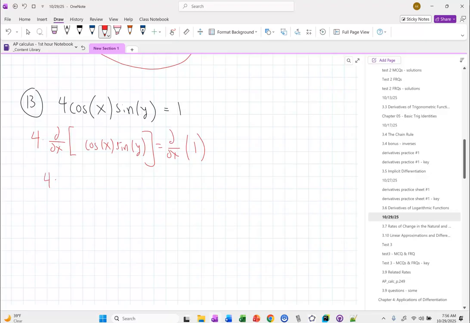So I'm going to have 4 cosine x times the derivative of sine y, which is cosine y dy dx. And then I'll have 4 sine y times the derivative of cosine x, which is negative sine x. And the derivative of 1 is just 0.